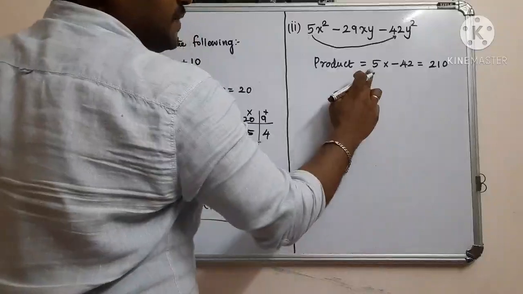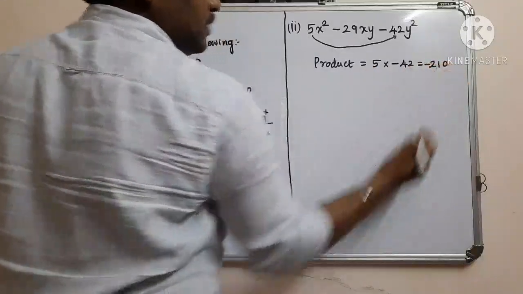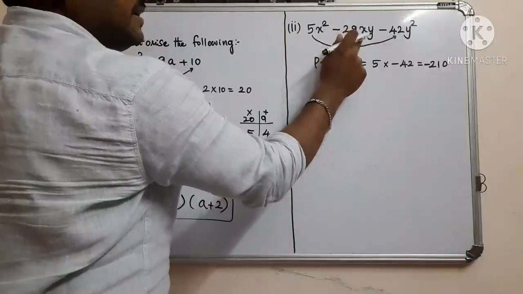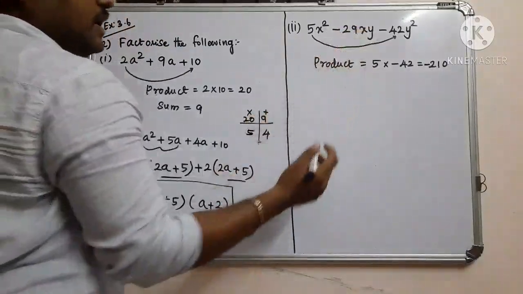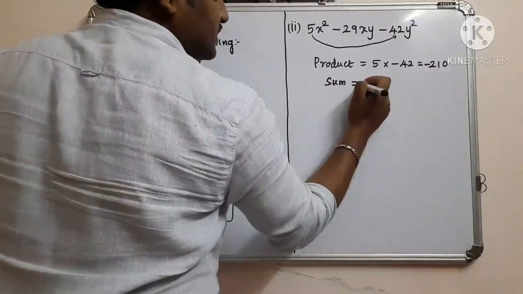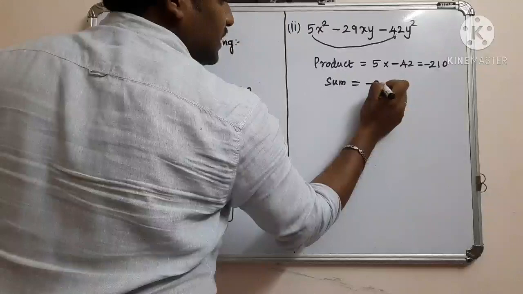So 210, plus into minus, minus 210. And then the sum is the coefficient of the middle term, that is minus 29. So sum is equal to minus 29.